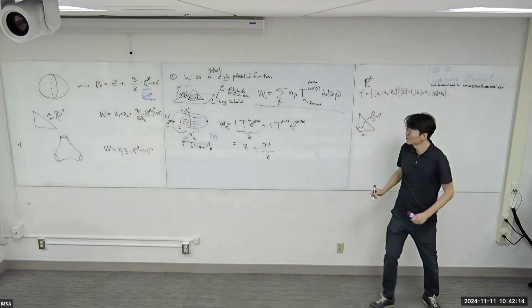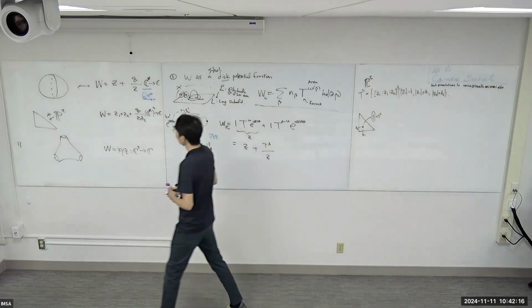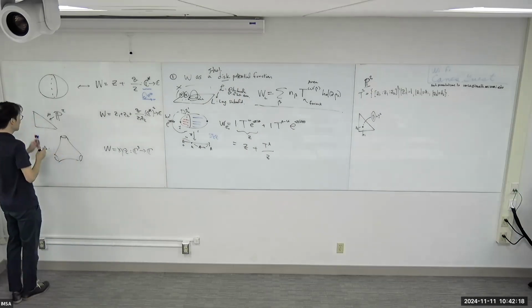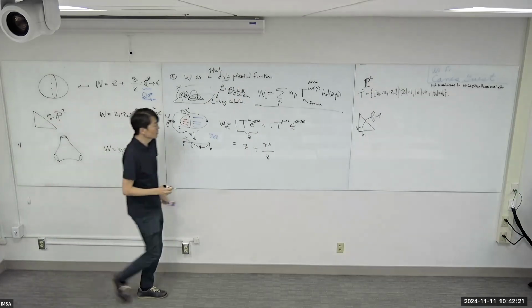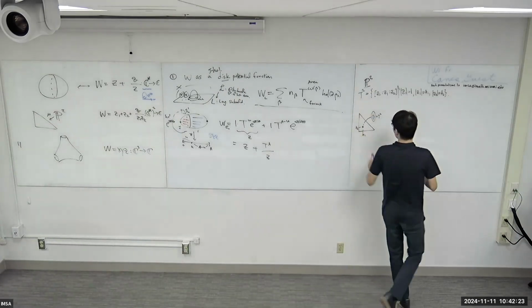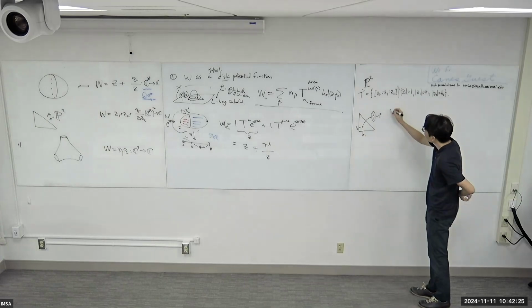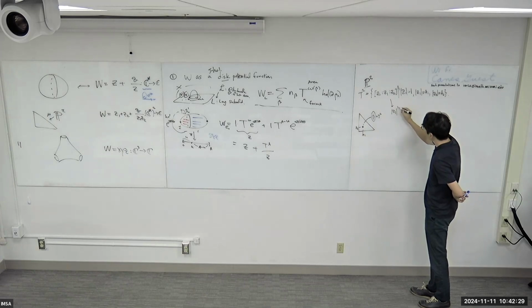So what is your map mu doing? Which one, mu? Yes. Mu is just, this is called the moment map, and it's just precisely |z1|^2 divided by the sum of |zi|^2, |z2|^2 divided by the sum of |zi|^2.